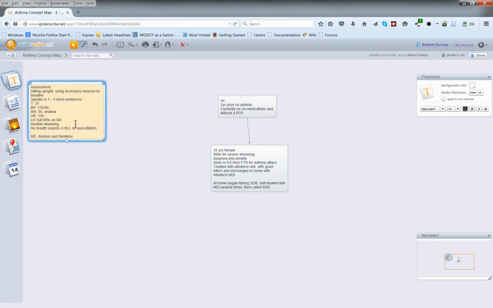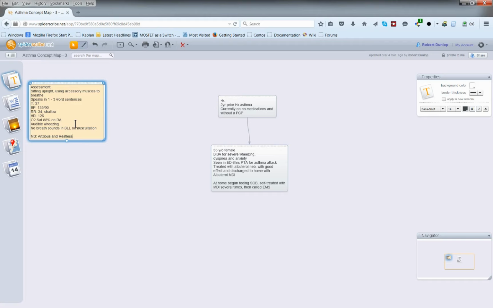So, yes, it's you. You walk in, the patient's sitting upright, she's using her accessory muscles to breathe, and she's speaking in 1 to 3 word sentences. You take her vitals: her temperature is 37, it's normal. Blood pressure is a little elevated at 135/90. Respiratory rate is definitely elevated at 34, and it's shallow.